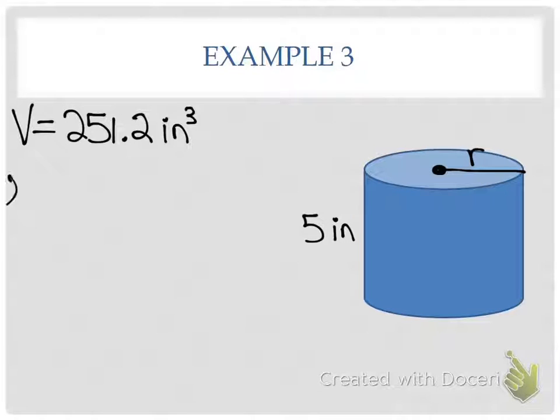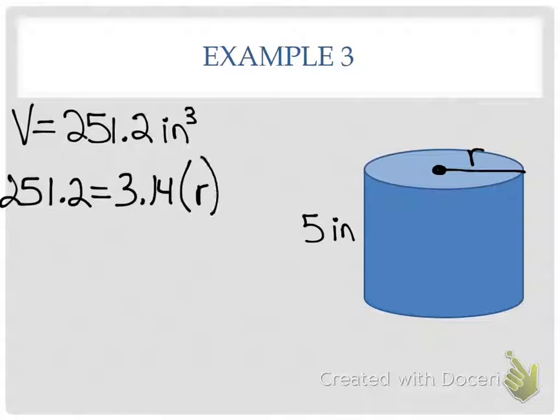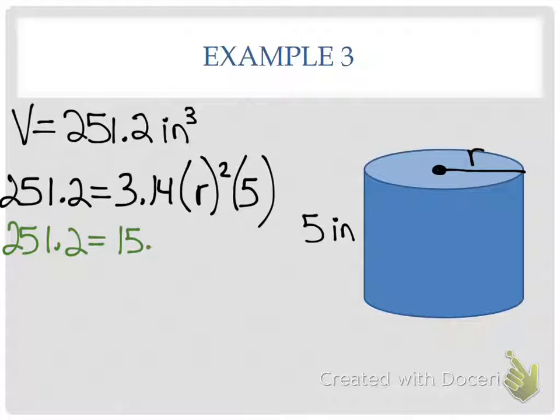Okay, so making our substitutions, 251.2 equals 3.14 times r squared, which I don't know, times 5. What was 3.14 times 5? 15.7.